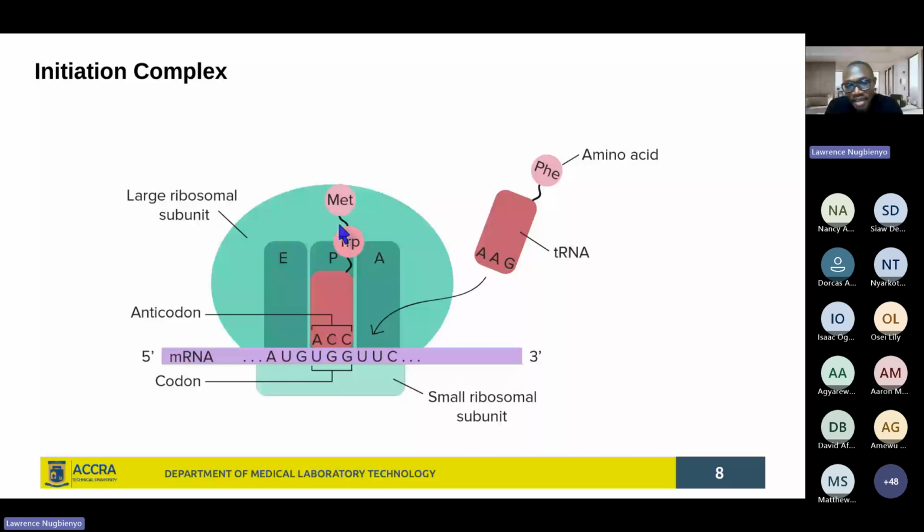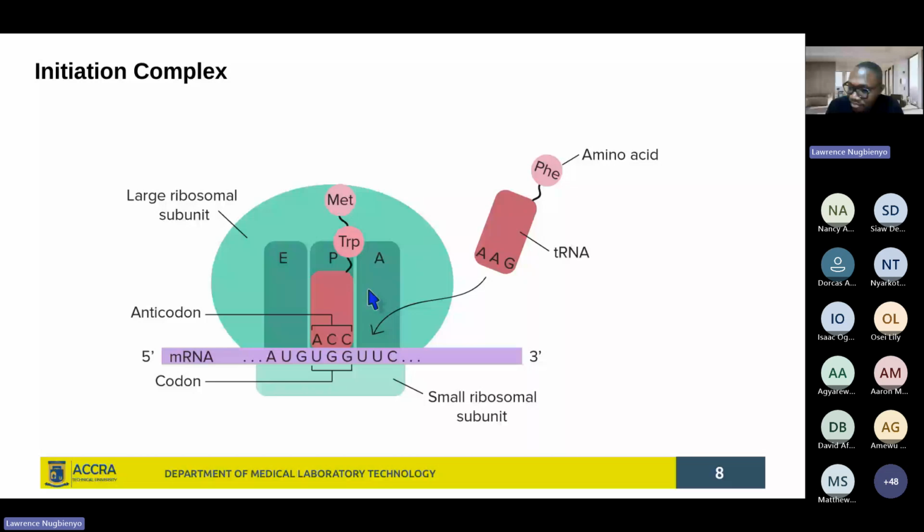And the A site is the amino acid site, because that is where the amino acid which is being carried on the transfer RNA is coming into the complex. So you have these three distinct sites in the initiation complex.